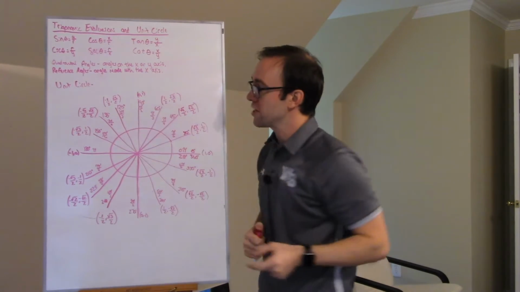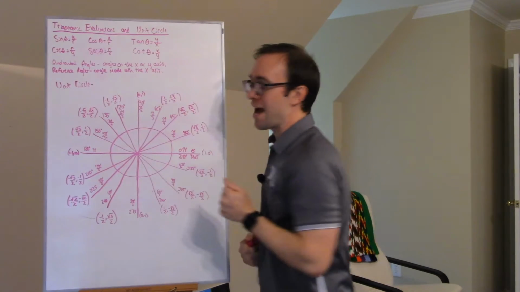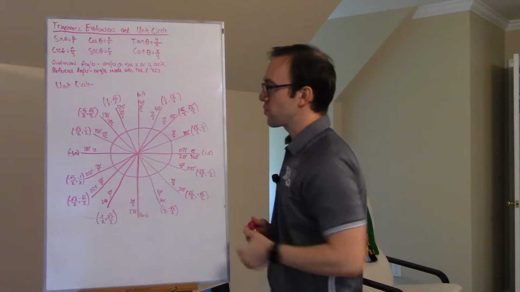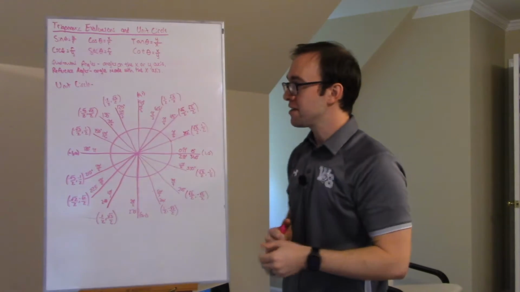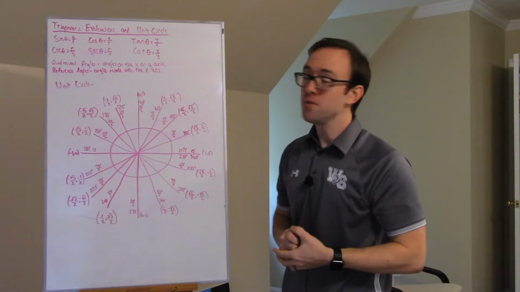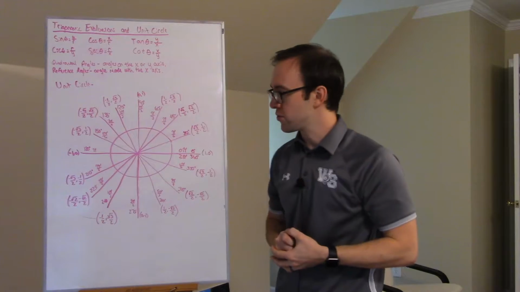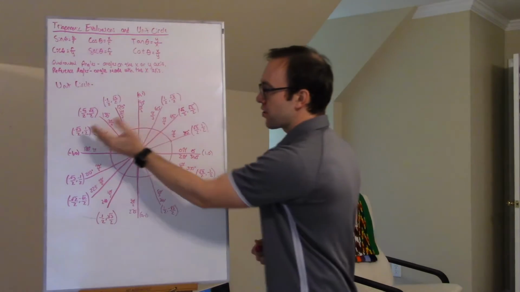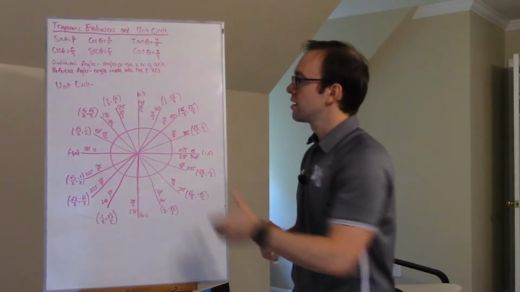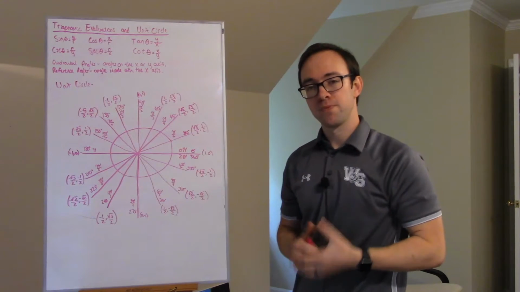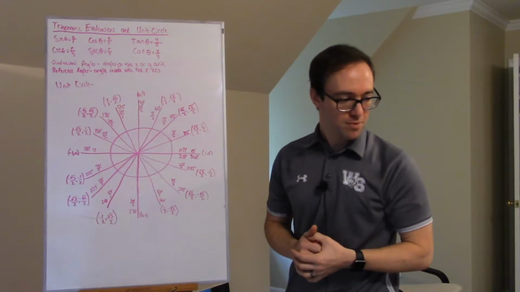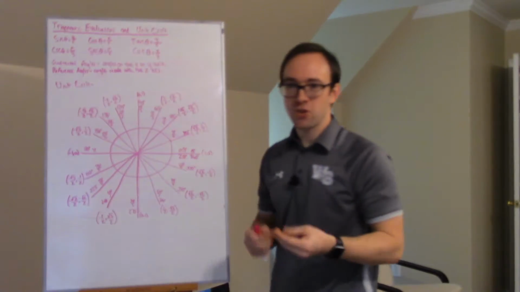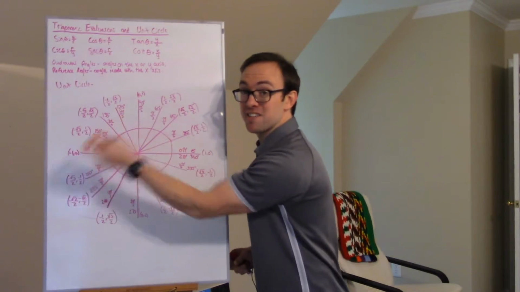So for 120 degrees, it is (negative 1/2, square root of 3 over 2). 135 is (negative square root of 2 over 2, square root of 2 over 2). 150 is (negative square root of 3 over 2, 1/2). Next, 180 degrees. That is (negative 1, 0).